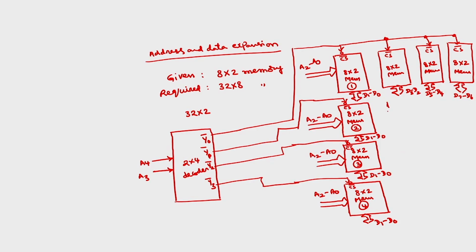Similarly, here also you have to connect 4 such chips whose chip selects have to be connected together. Here also we will have 4 whose chip selects have to be connected together. Here also 4.